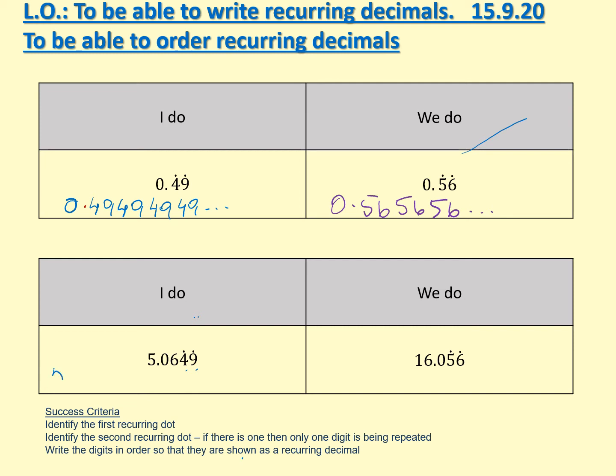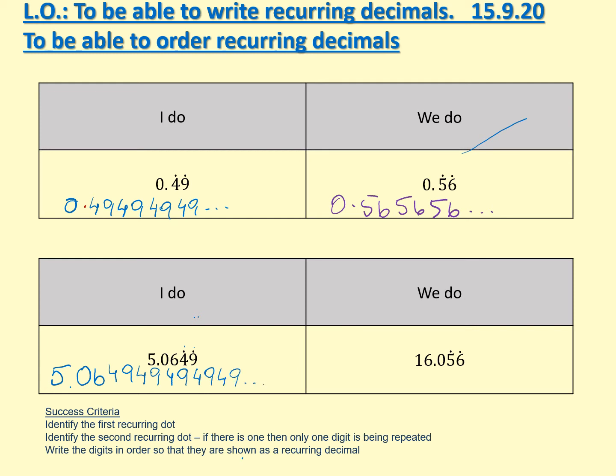So 5.06, and this recurs from 4 to 9. So it's 49, and again from the first dot to the last. So 49, 49, 49, 49, and so on.